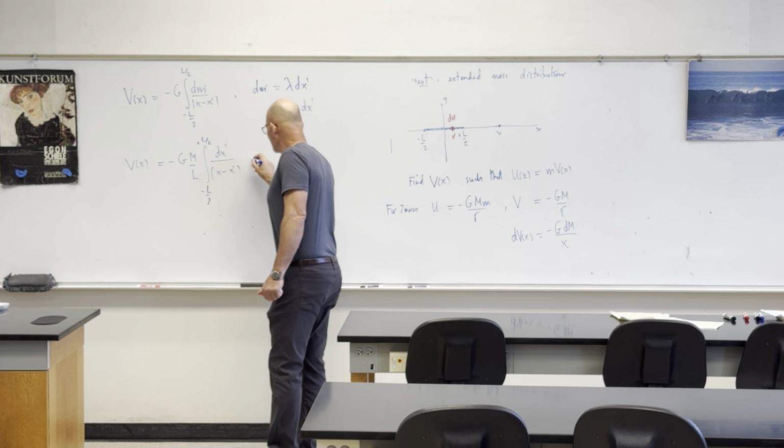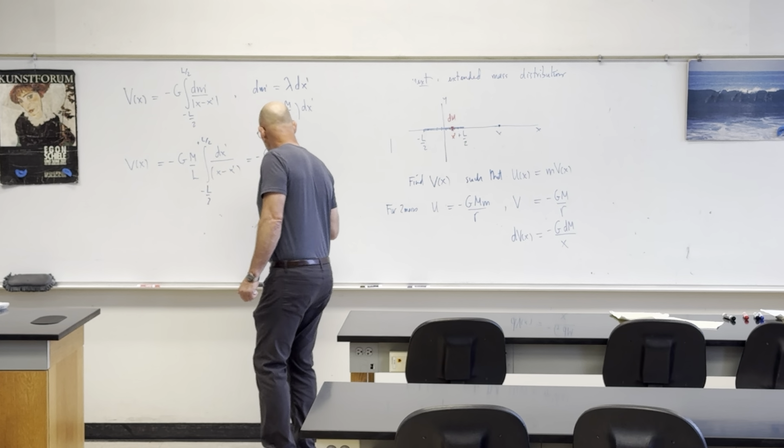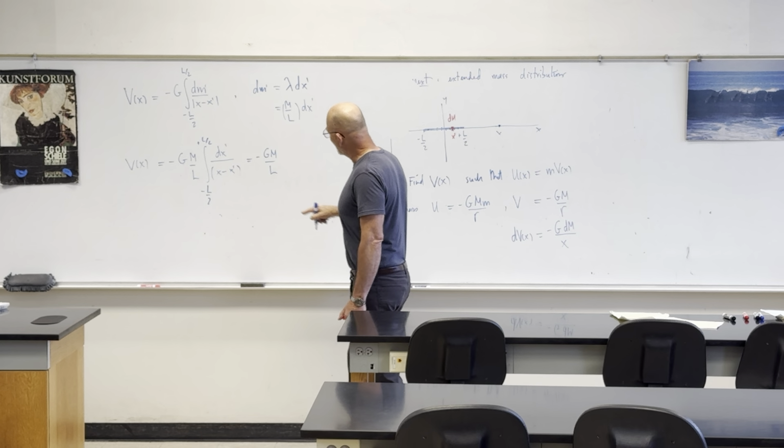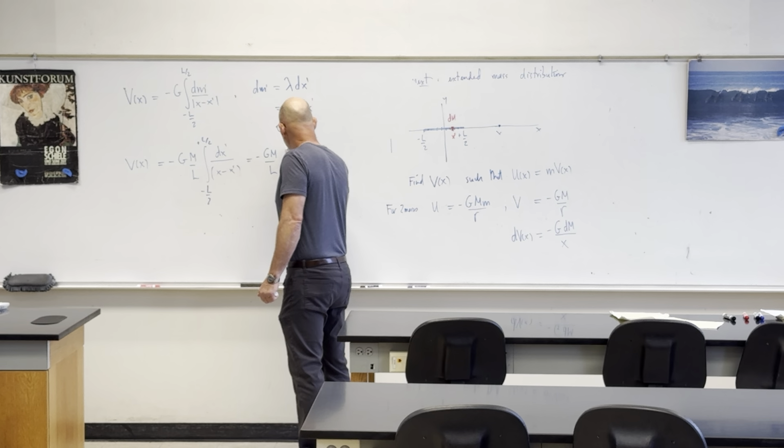And keep going. Minus GM over L. Now we have a natural log here, but there's an extra minus sign because we're integrating with respect to x prime. That turns that into a plus.